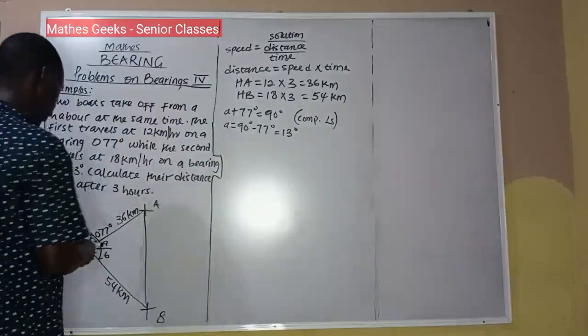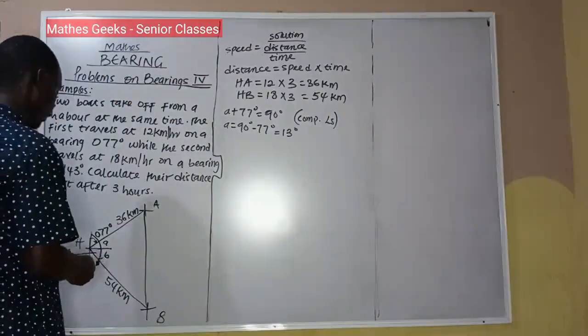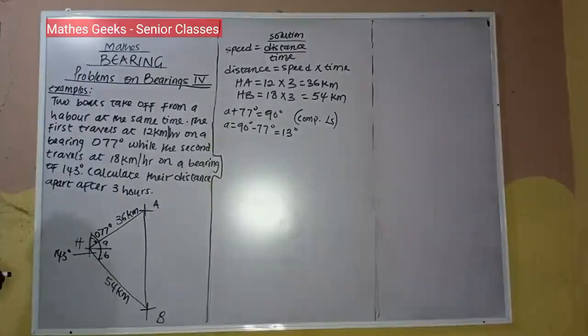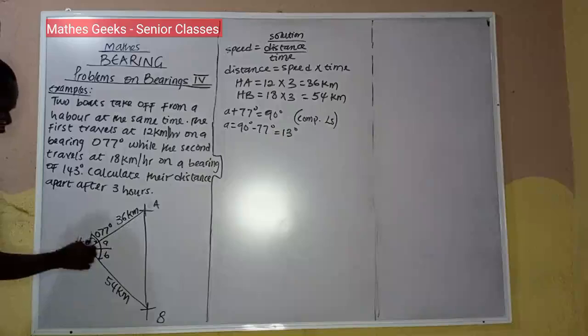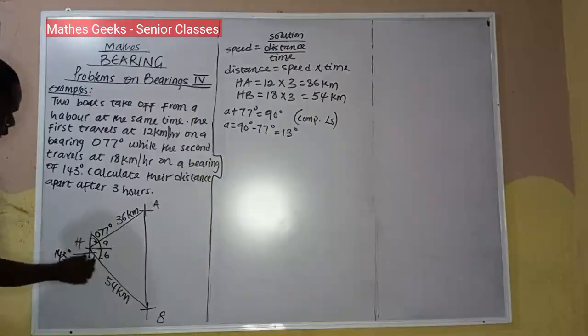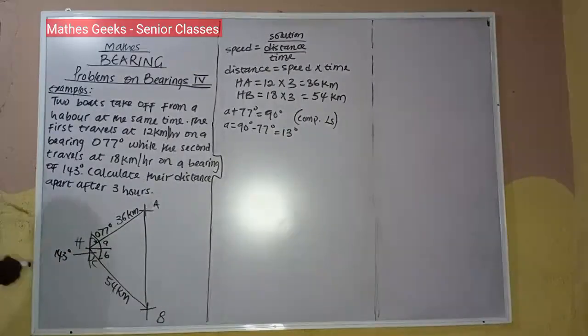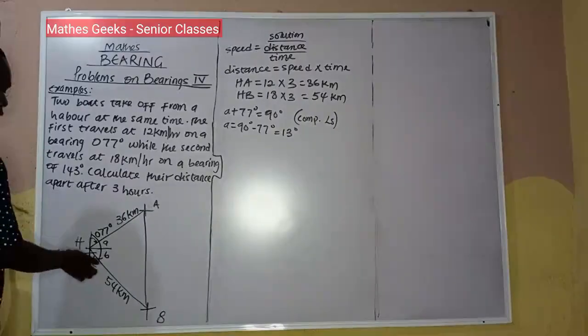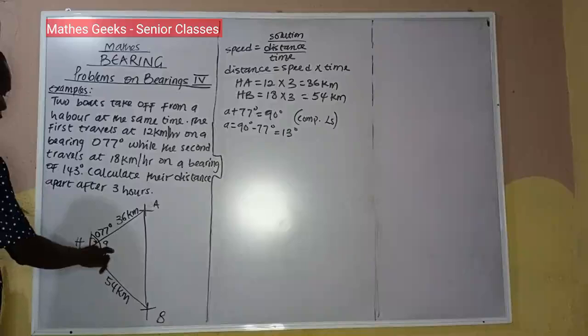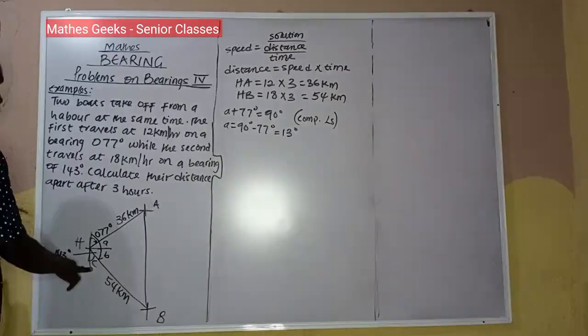The next angle we're going to look for is angle C. The reason why we're going to look for angle C is that once we get the value of angle C, we already know that from east to south is 90 degrees.